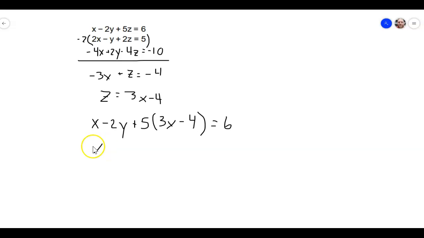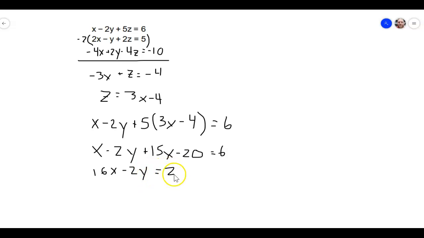Alright, so now we just have to do some algebra. x minus 2y plus 15x minus 20 is equal to 6. And then we're going to have 16x minus 2y is going to be equal to, add the 20 to both sides, so we get 26.